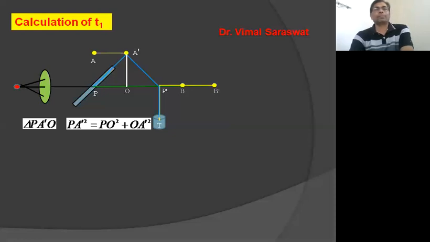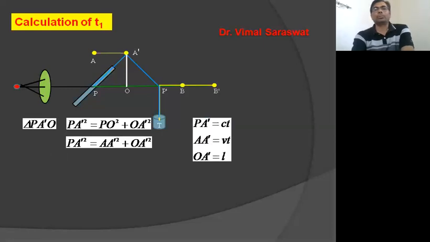The light ray is moving with velocity c, so in time t it will travel a distance P A dash equal to c into t, and OA dash is equal to L.